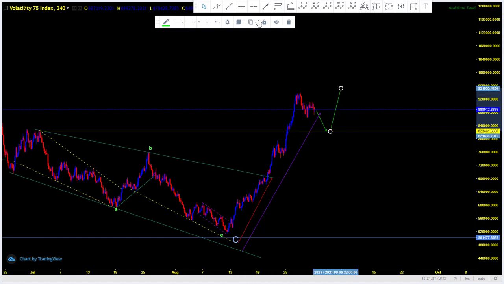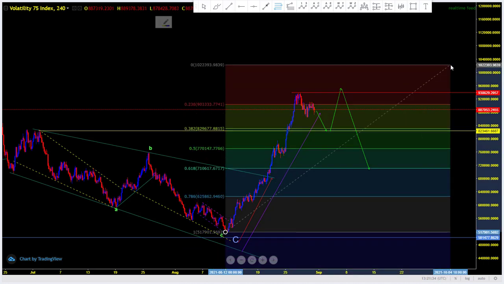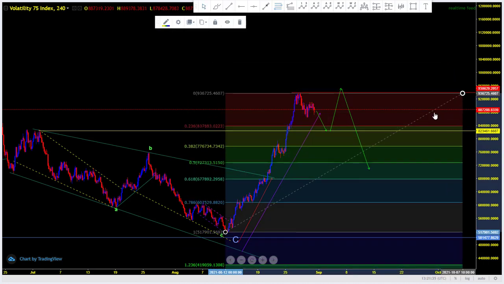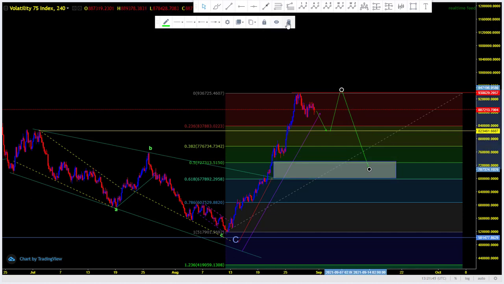The buy might just take us up above this high here, then we get another dip into 0.618. Let me just do the measurements there. Right, then that would take us to somewhere around these areas, where we would then get a continuation of that buy.